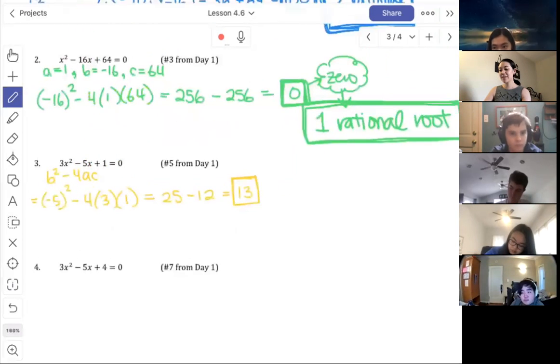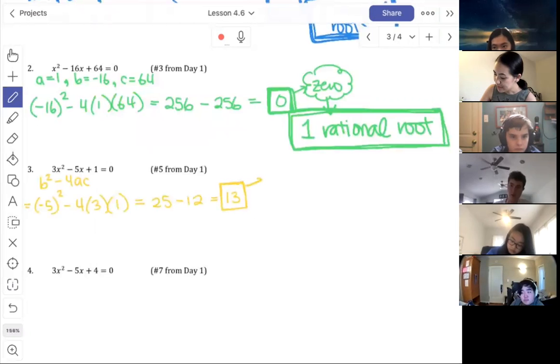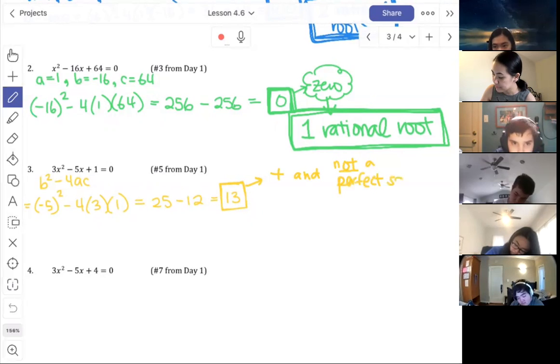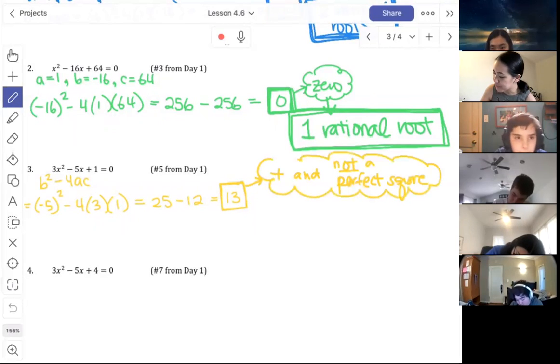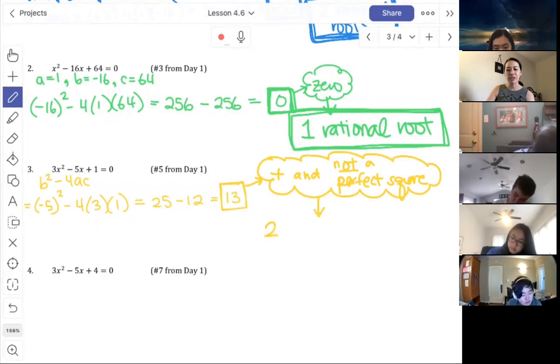All right, so with 13, I'm thinking this is positive and not a perfect square. Well, this is going to end up with 2 irrational roots.